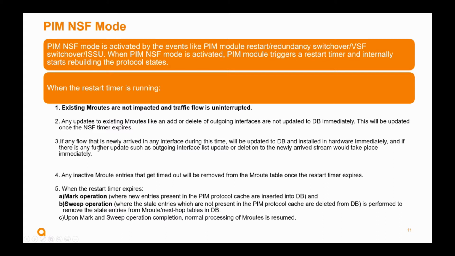But any flows that newly arrive on any of these interfaces during this time will be updated to the DB installed in the hardware immediately. If there is any future update, such as an outgoing interface list updated or deleted, then a newly arrived stream would take place immediately. We're talking about the stream versus the MRoute here.